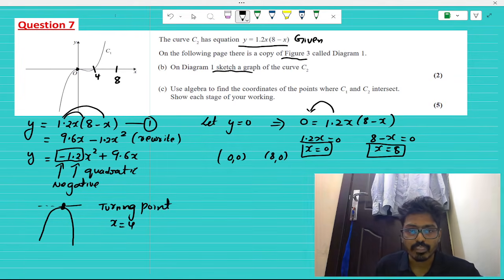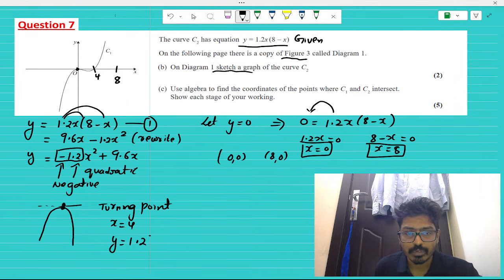Whenever we substitute in the given equation, we substitute the value of x as 4. So what we will get, y is equivalent to, what is our x value? 1.2 times 4 times (8 minus 4) upon substitution.